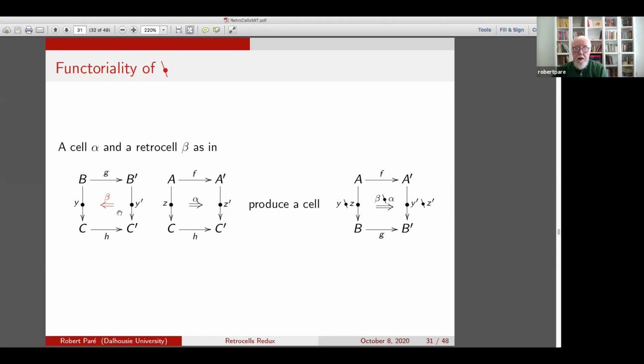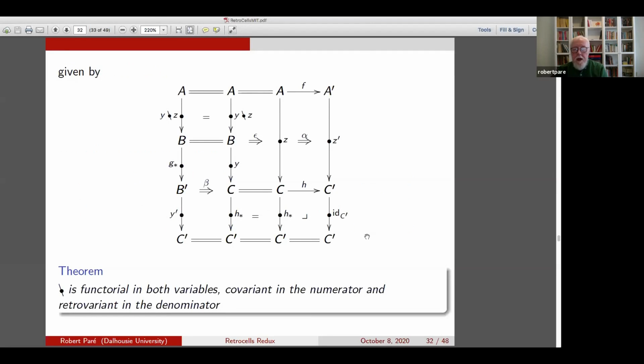But the beta is a retrocell, and they have to have the same vertical codomain, so H and H here. Then you can calculate this, and I'll show you how you calculate this beta under alpha. You have your evaluation guy here, and you stick the alpha there, which is just alpha. And the definition of a retrocell is that it's this globular cell that goes here.